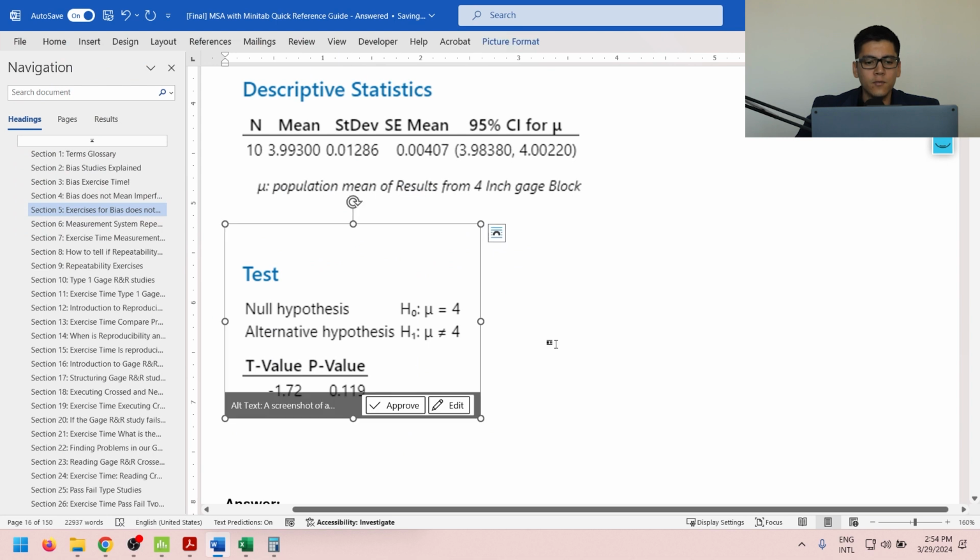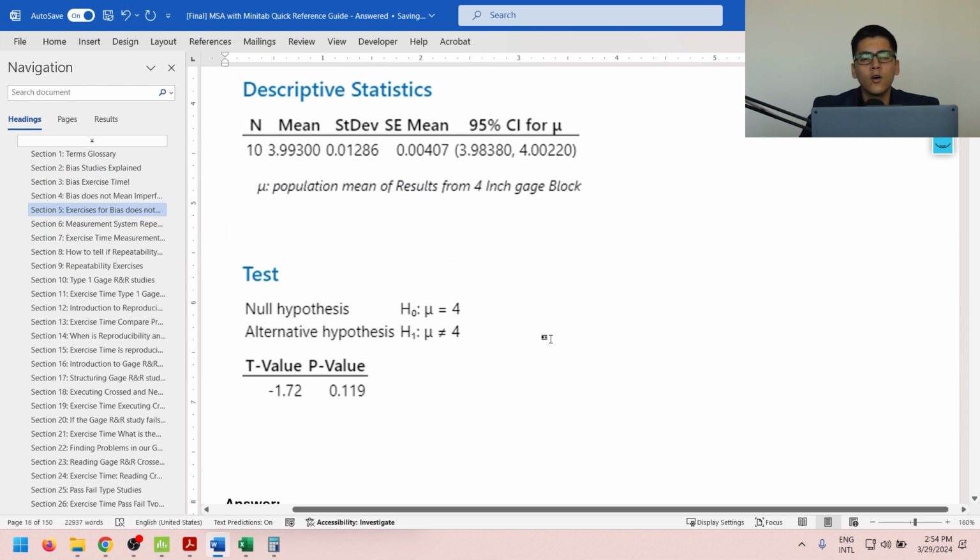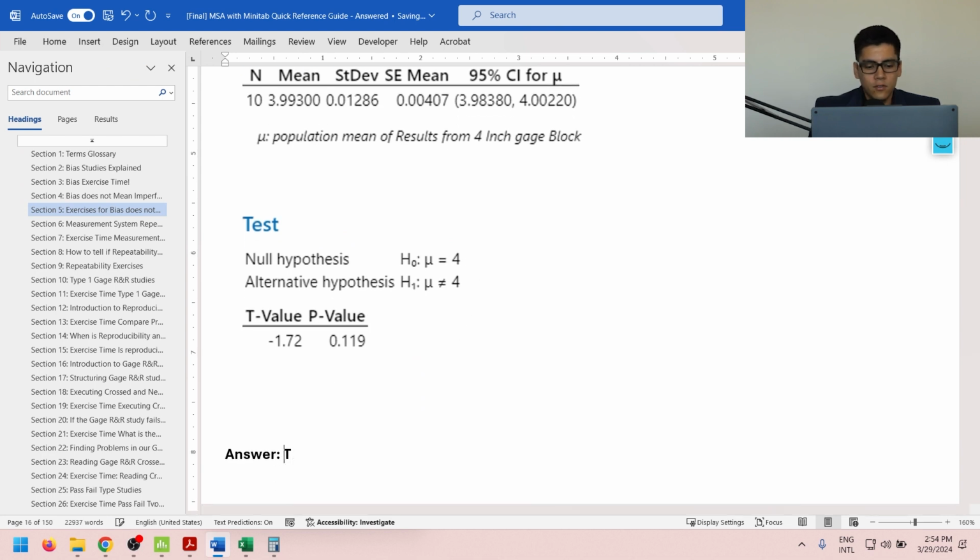Based on our p-value being above 0.05, we know that the bias is not significant. So the bias is not significant, since the p-value is above 0.05.